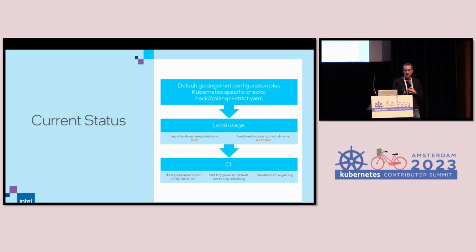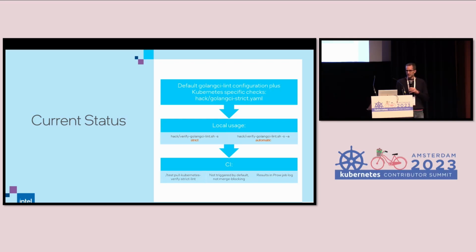The entry point is in the hack directory. There is a golangci YAML file. That's the one that is used by the existing code. That's what we currently run as part of pull Kubernetes verify. But there's a second configuration file that has all the same checks as the normal one, but also enables the default configuration.